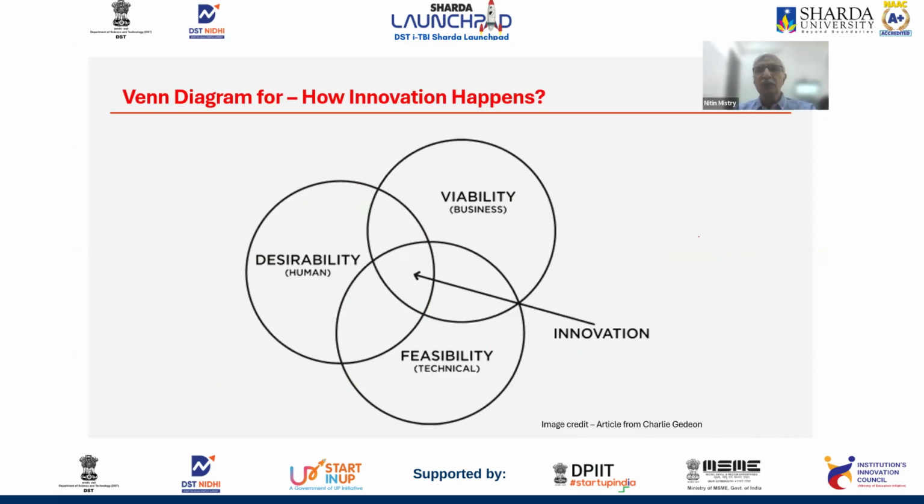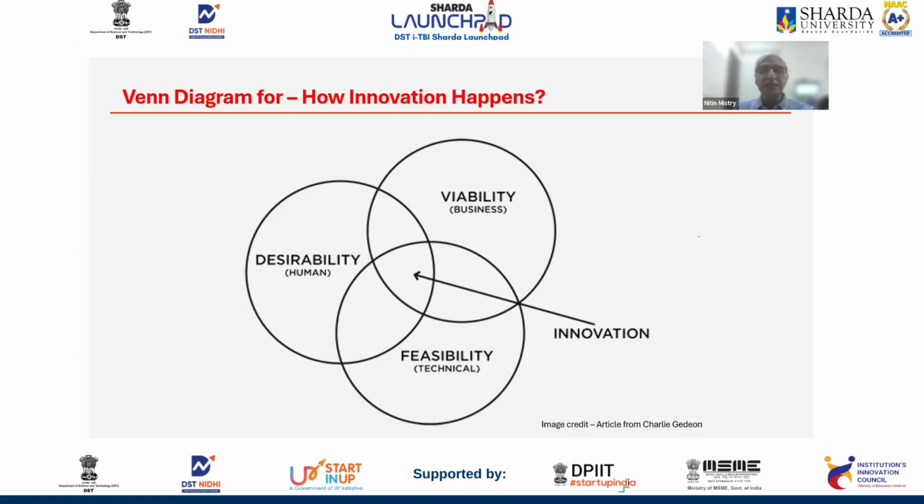A Venn diagram for innovation typically shows the intersection of 3 key elements that drive innovation. First, desirability. That means what the customer needs or wants. It's about creating a solution for customers or solving their pain points, right? That is what we call desirability.